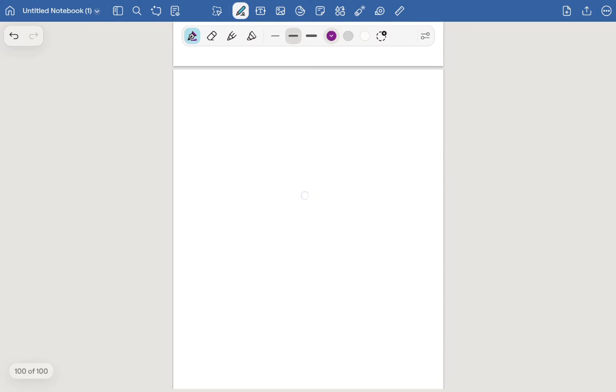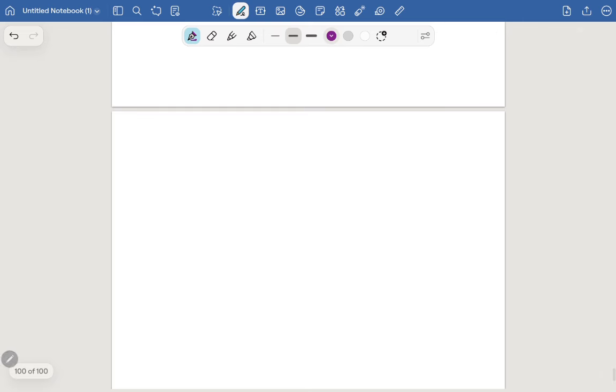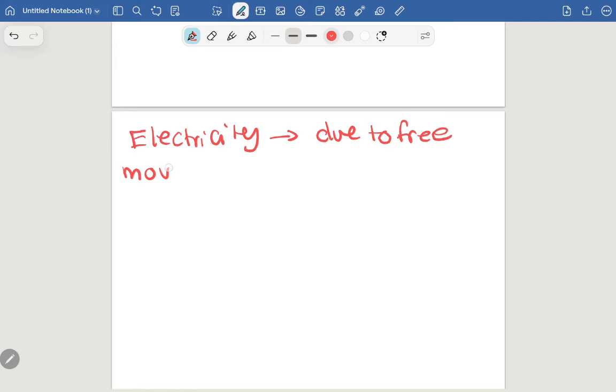Very simply, we can say that the conductivity of electricity is due to the free moving delocalized electrons. And this is not only the case in metals.